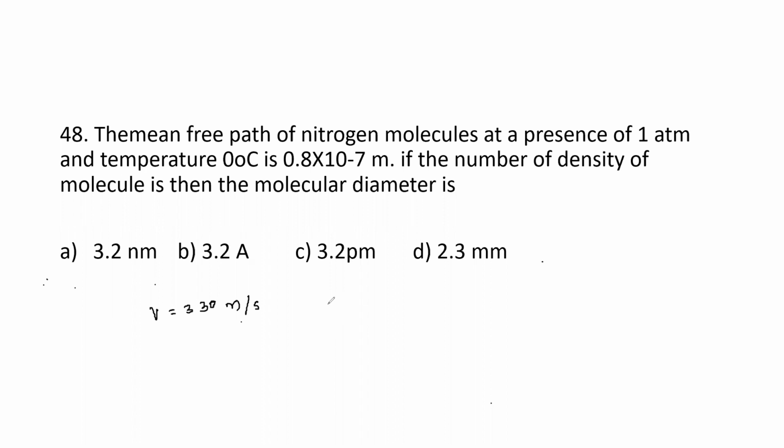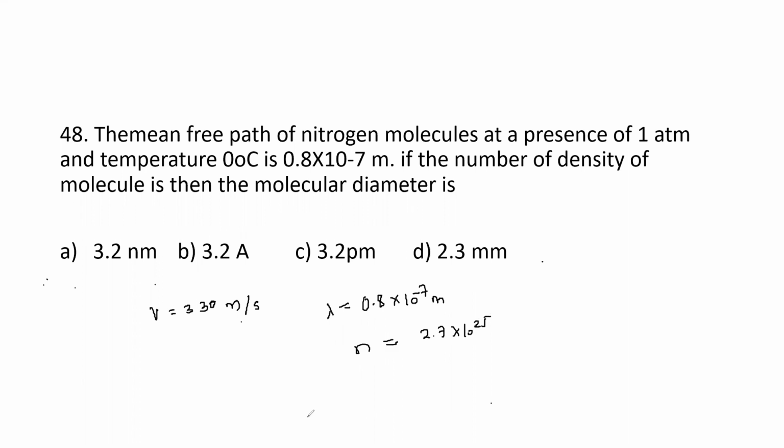The mean free path value is given, that is lambda is equal to 0.8 into 10 raised to minus 7 meter. Then the number of molecules per unit volume is given, that is N is equal to 2.7 into 10 to the power of 25.